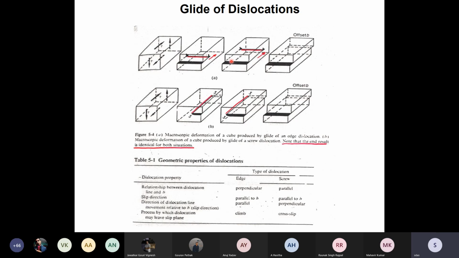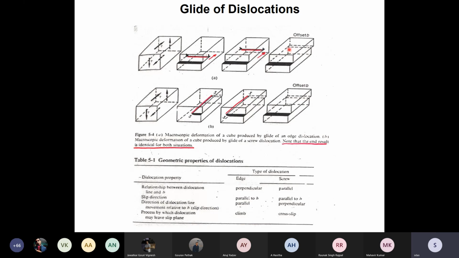With the application of shear stresses, the dislocation moves on the slip plane from this end to the other end. It is moving like that. This dislocation has a vector and the magnitude of the vector is its Burgers vector, the length of one atom spacing, lying on that slip plane towards the slip direction. This is the slip direction.